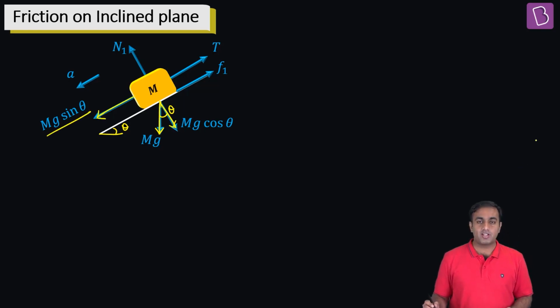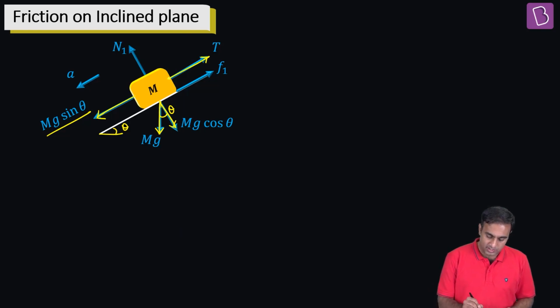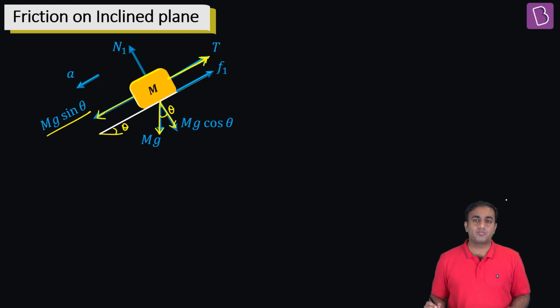Since there is a rope connecting the two blocks, let us consider for this moment a tension to exist in the rope like this. And since the rope is connected to this capital M, the tension will be acting in this direction. Since the block is moving down the inclined plane, let us consider the friction to be in the opposite direction, F1.